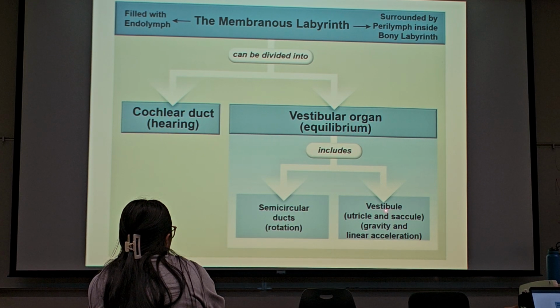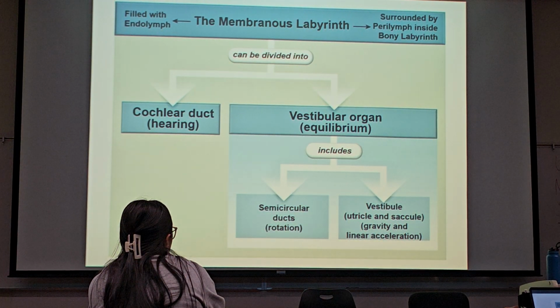The vestibule consists of two sacs called the utricle and the saccule. And these structures detect the effect of gravity on us, whether we're going up or down, and linear acceleration.